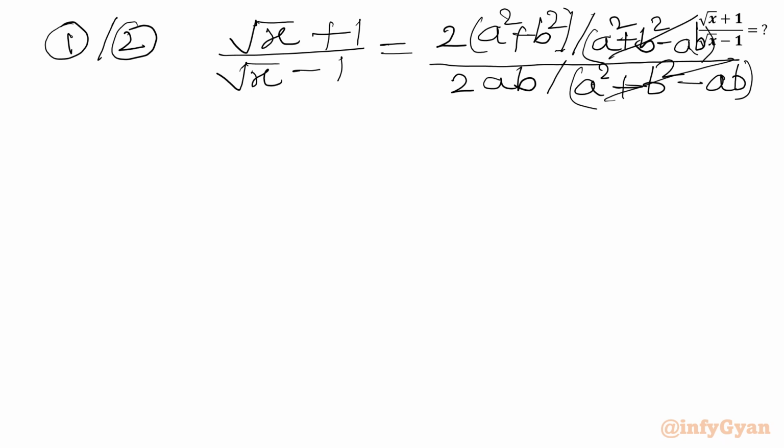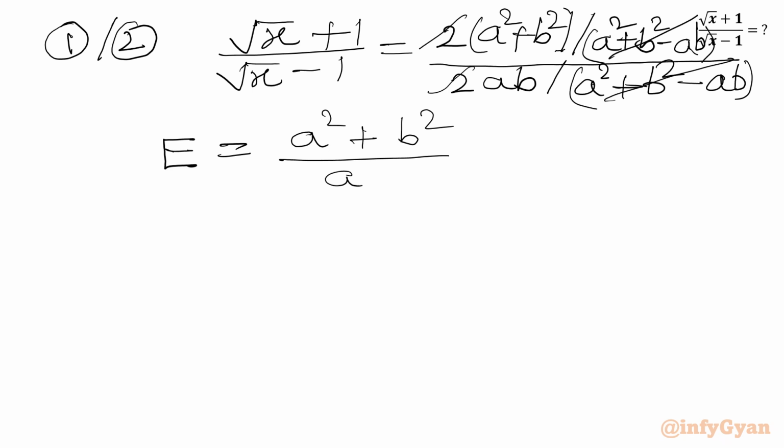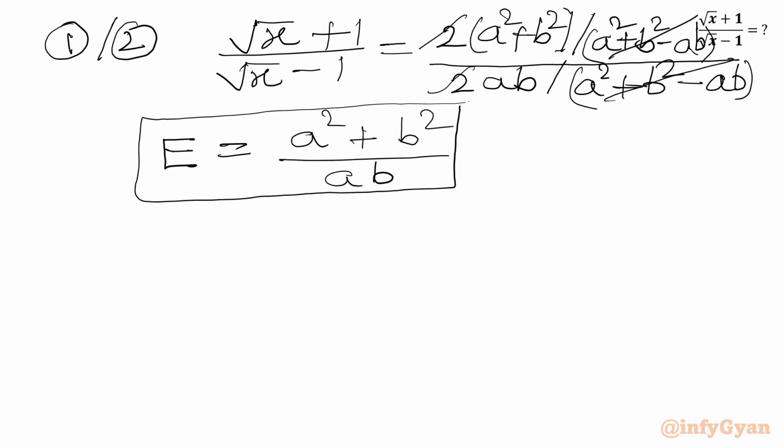Now we will cancel these two terms. 2 and 2 will be over. We will get our required expression E equal to a square plus b square over ab. This is our required expression E.